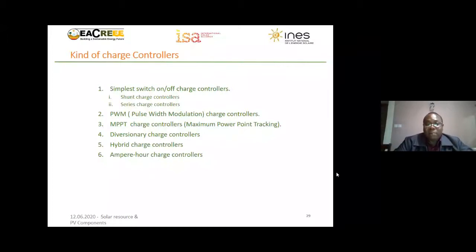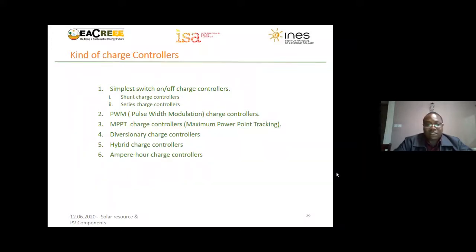Then we have the maximum power point tracking charge controllers, commonly known as MPPT charge controllers, quite innovative, in that they are able to optimize the output from a solar PV panel so that you always get the maximum output from the solar PV panel.